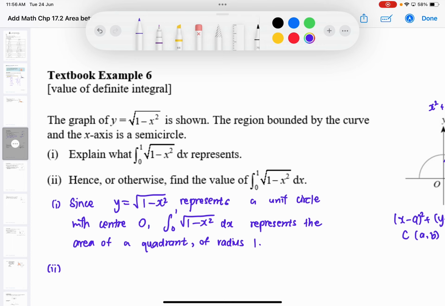Hence or otherwise, find the value of this. You can do it in one step. How do I find the area of a quadrant that has a radius of 1?